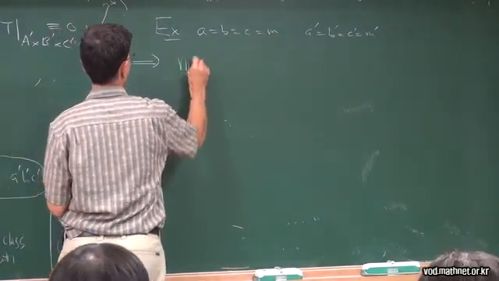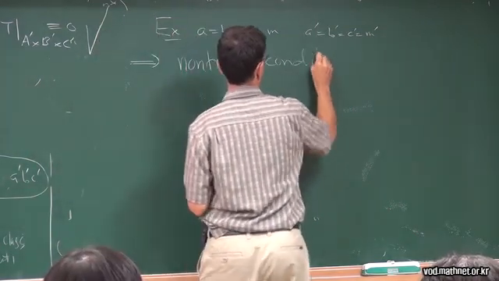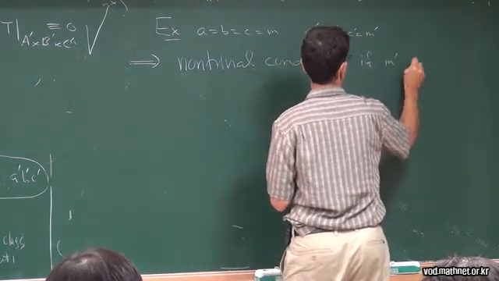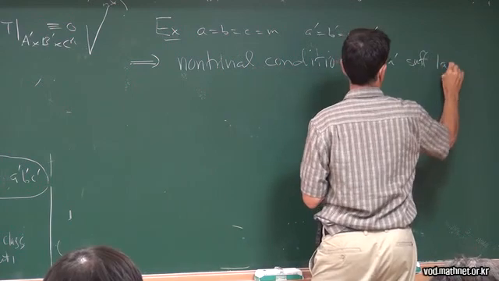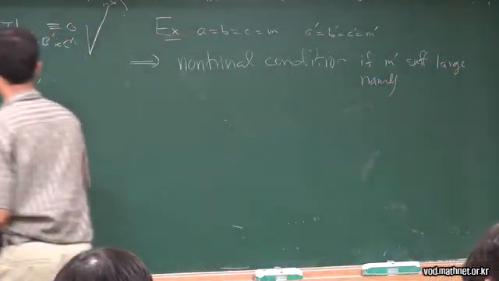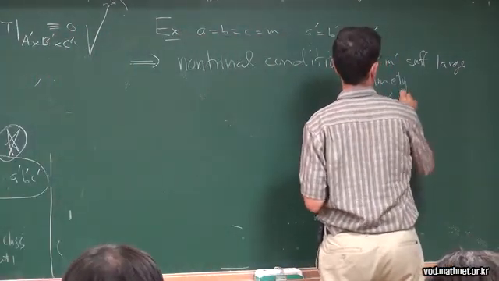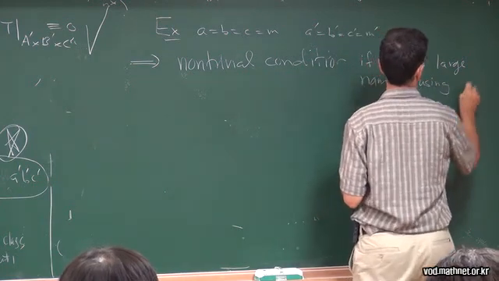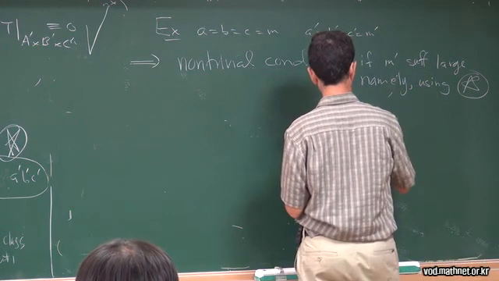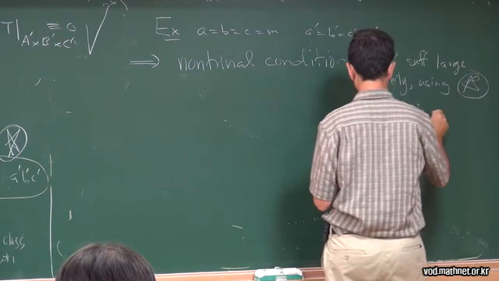This is a non-trivial condition if M prime is sufficiently large, namely using this, M prime plus M prime squared over 3 has to be greater than M.